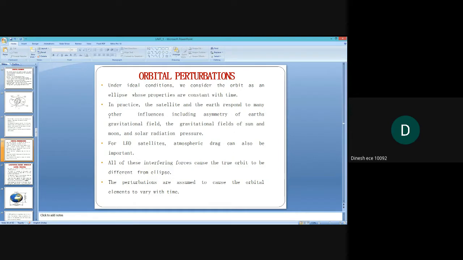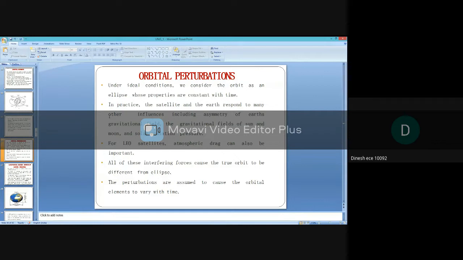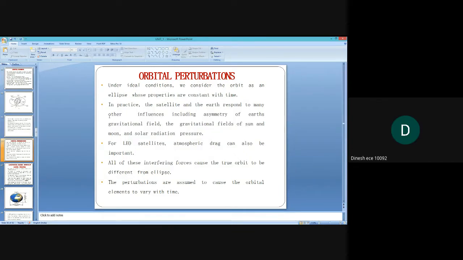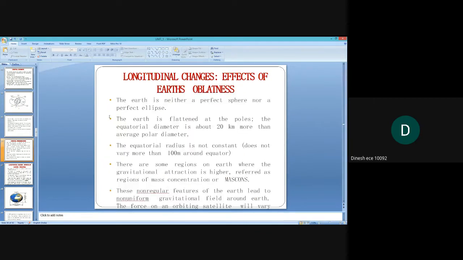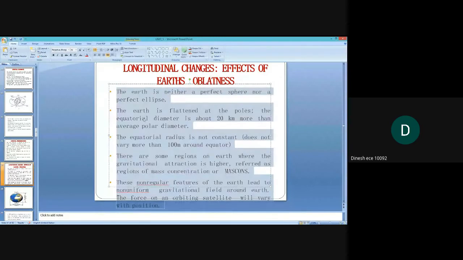So all these forces, the gravitational field of the Earth, the gravitational force of the Sun and the Moon, and the solar radiation pressure, cause the true orbit to be different from the ellipse. The perturbations are assumed to cause orbital elements to vary with respect to time.